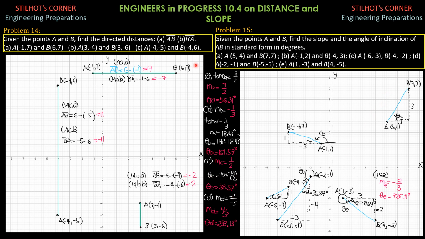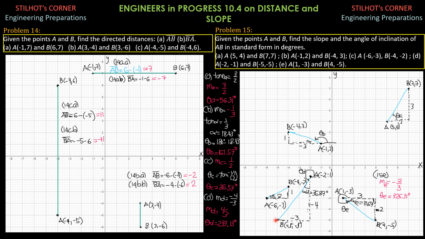We now proceed to D. A is (-2, -1), which is that point. B is (-5, -5), which is that point. This is the positive x direction, so it is this angle here in standard position. But the direction is down to the left, so both these distances will be treated as negative.